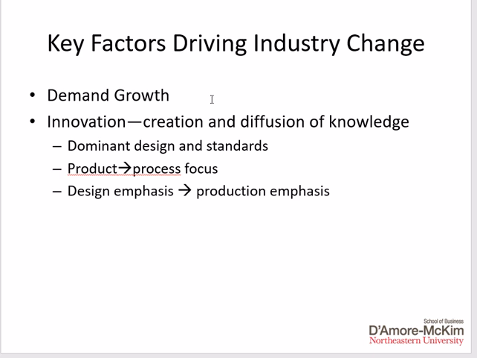And we often see, again, over an industry life cycle, a shift from a design emphasis, where we design the product to meet customer needs, to a production emphasis as we edge towards maturity, where efficiency becomes a little more important as capacity and demand equal out. So again, the key factors driving us through that life cycle are supply side in terms of innovation, and then demand side in terms of changes in customer demand due to some factors outside of the industry.